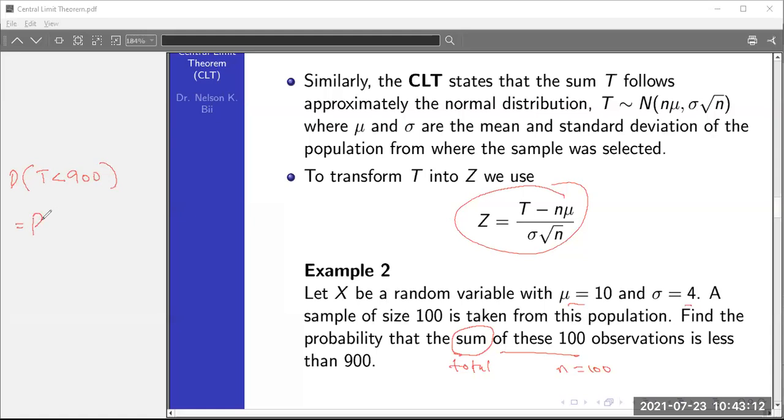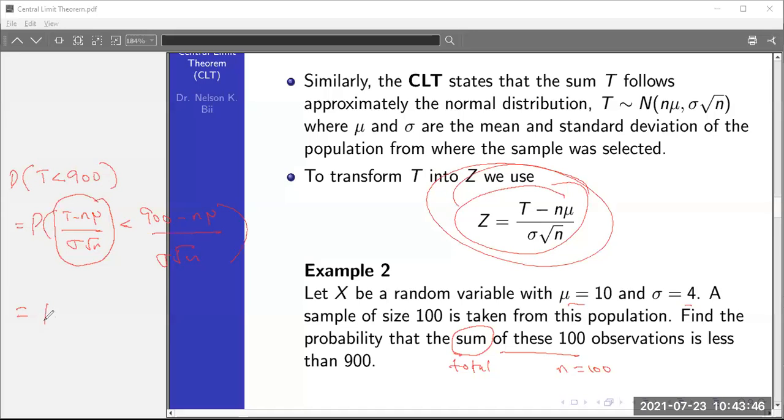That means we want to find the probability that T minus n mu, divided by sigma times the square root of n, is less than 900 minus n mu, divided by sigma times the square root of n. So what is this? Yes, this is Z, what we have here, isn't it?